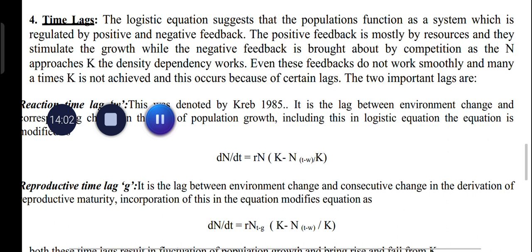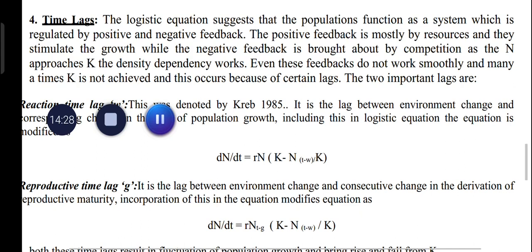The logistic equation suggests that the population functions as a system which is regulated by positive and negative feedback. The positive feedback is mostly by resources, and they stimulate the growth, while the negative feedback is brought about by competition. As N approaches K, the density dependency works.